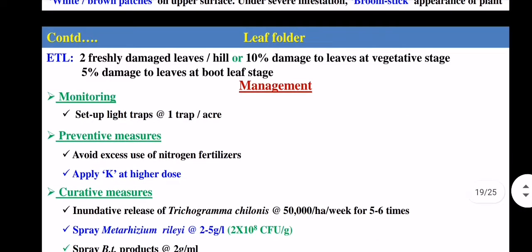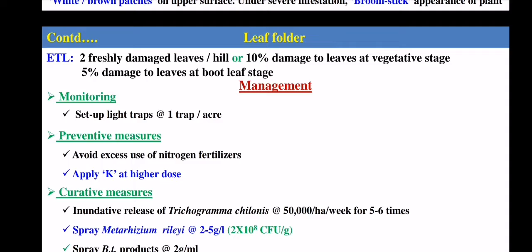And then leaf folder management. The ETL, the economic threshold level, is 2% freshly damaged leaves per hill.